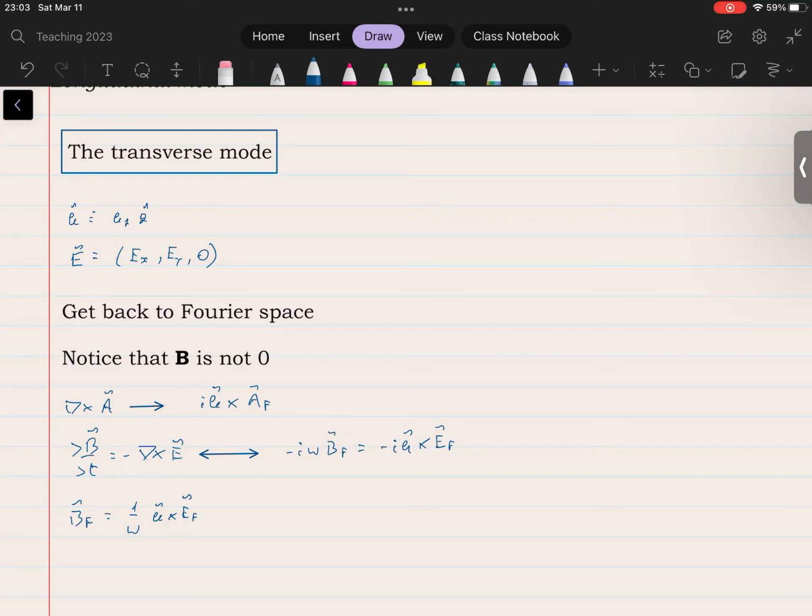Of course, you see that since B is K cross E and K is in the Z direction, if I take the electric field to be in the X direction, the magnetic field will be in the Y direction, and the three fields are perpendicular. If the electric field is in the Y direction, then the magnetic field will be in the X direction. And again, the three fields are perpendicular.